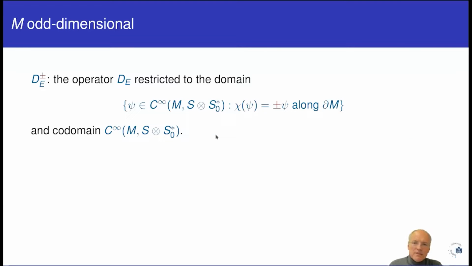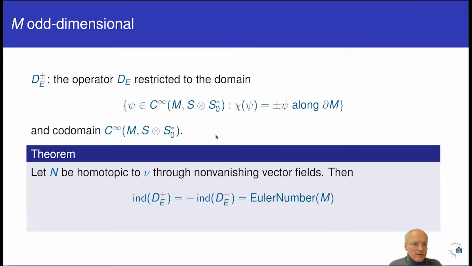Then this is an elliptic boundary condition, and so we obtain a Fredholm operator. The first theorem tells me what the indices will be. If we assume that the vector field N is homotopic to nu through non-vanishing vector fields, for example, if N is the outer unit normal vector field with respect to g naught, then we can compute the index of D plus and of D minus, and we get plus or minus the Euler number of the manifold M. Note there's a minus sign in the index of D minus.